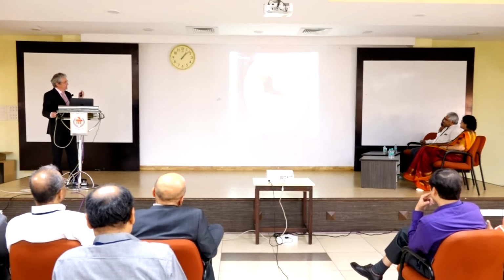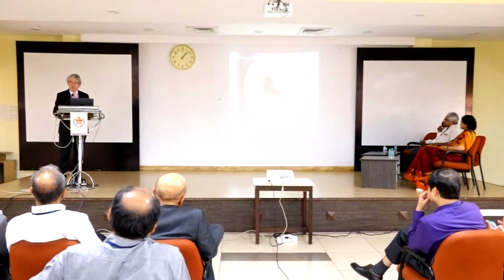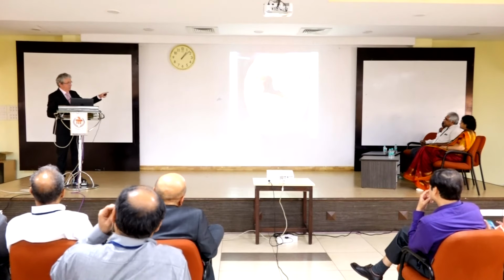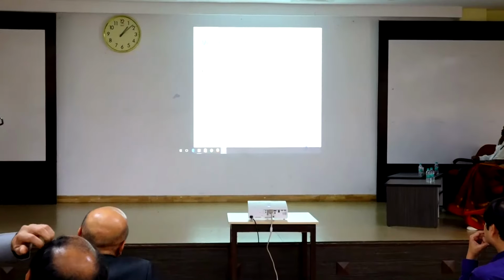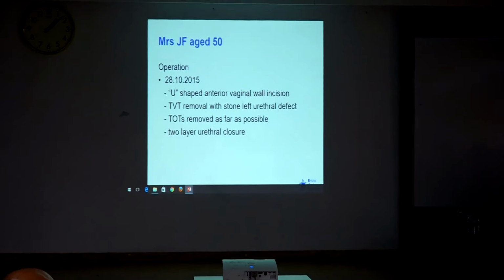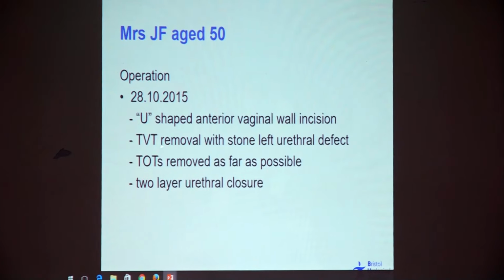So she is one of the patients that we see, particularly in Bristol, because we have a big referral practice. That doesn't mean that tape erosion is common, but when it occurs, it can be very difficult to deal with. So Hashim, who works with me, and I did a U-shaped anterior vaginal wall incision. We removed all the TVT.